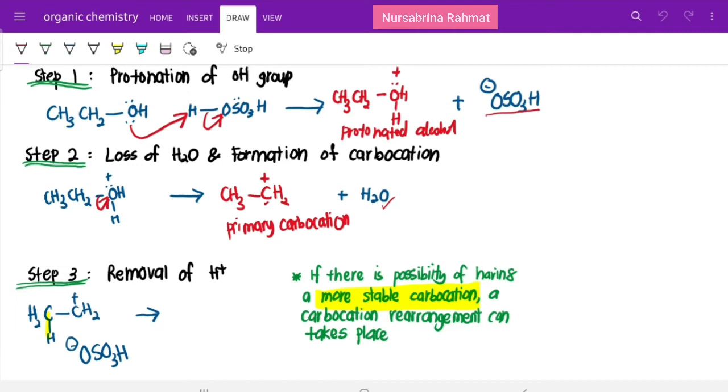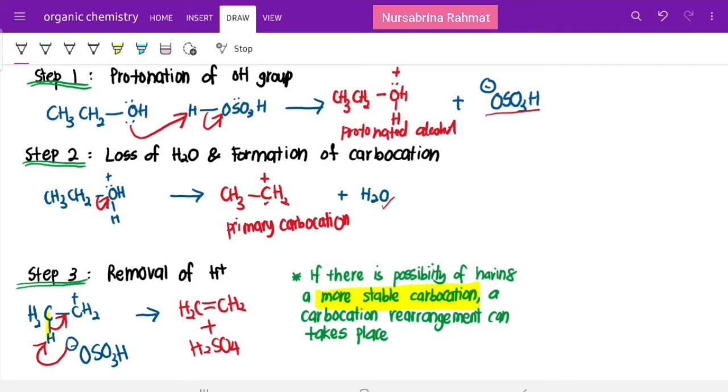The negative charge from your nucleophile, please make sure your arrow starts from the negative charge of your oxygen and then directly attacks the hydrogen. So these are the three basic steps in the dehydration of alcohol.